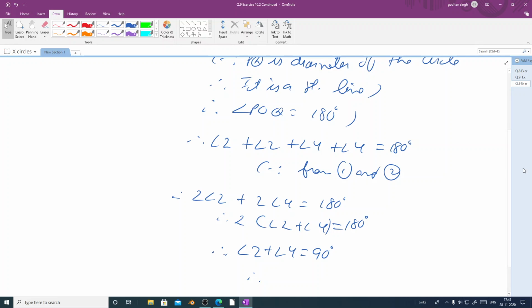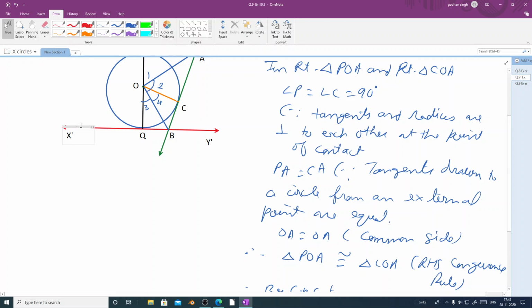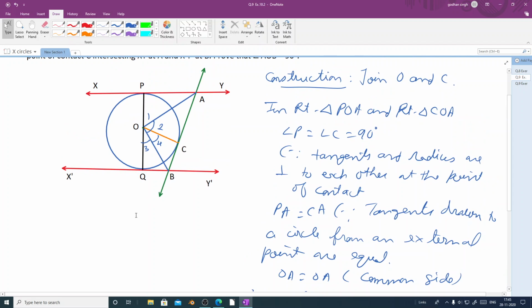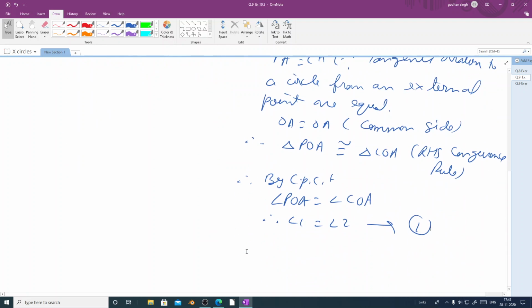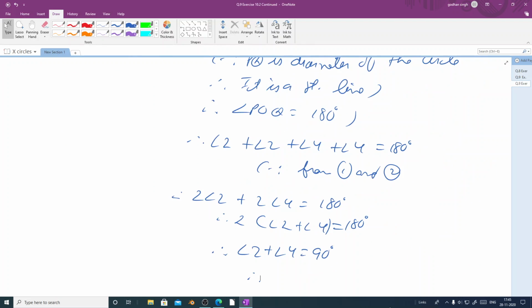Now let us move back to the figure. Angle 2 plus angle 4 is nothing but the angle AOB. So therefore angle AOB is 90 degrees. So this is the solution of question number 9, exercise 10.2.